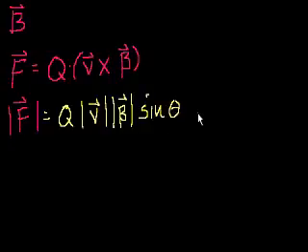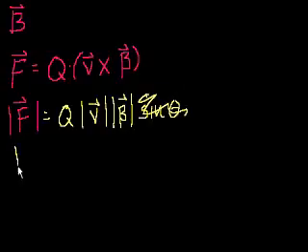This is the definition of cross product, and if we wanted the actual force vector, we could multiply this times the vector we get using the right-hand rule. We'll do that in a second. But anyway, we're just focused on units. Sine of theta has no units, so we can ignore it for this discussion. We're just trying to figure out the units of the magnetic field.